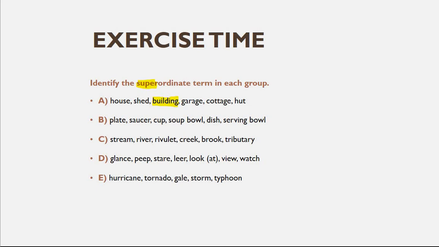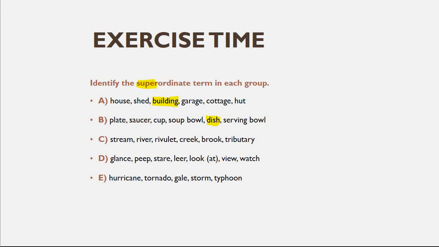So let's look at example B. Plate, saucer, cup, soup bowl, dish, serving bowl. Here the word dish is the superordinate term in this group, because dish includes all the other types of eating objects.